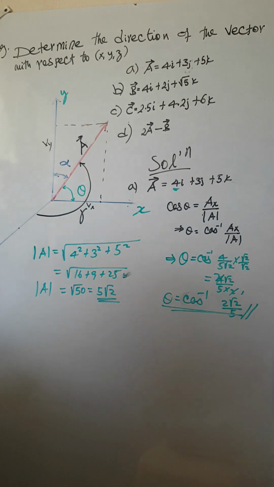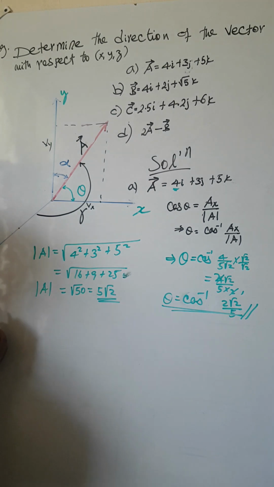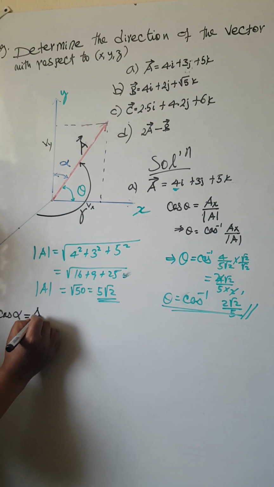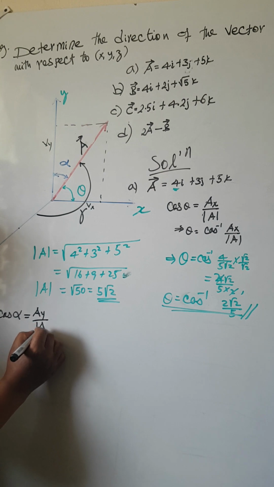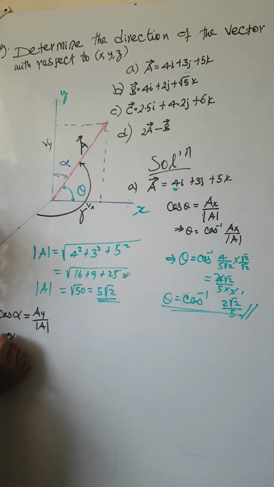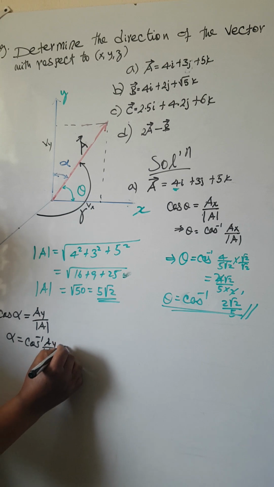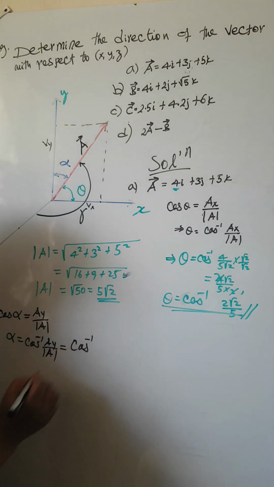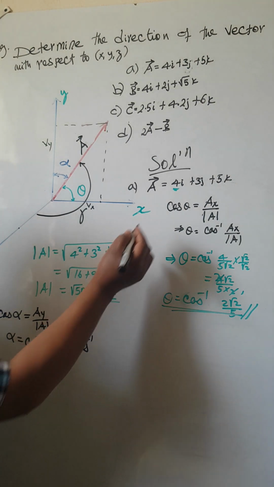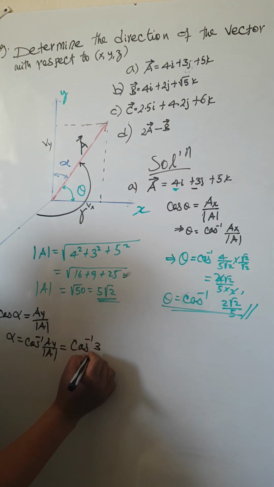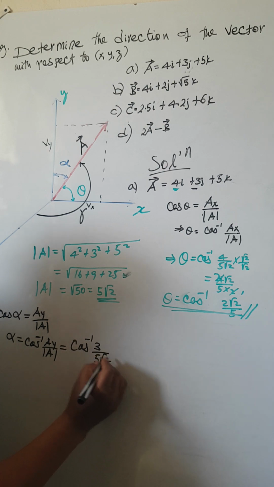In the same manner, the direction of this vector with respect to the y-axis is cos alpha, which is equivalent to A along y divided by the magnitude of A. Then alpha is equal to cos inverse of Ay divided by the magnitude of A. This is equal to cos inverse, the magnitude of Ay is 3, so 3 divided by 5 root 2.